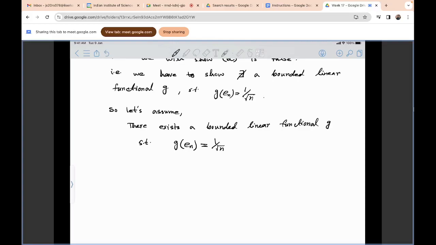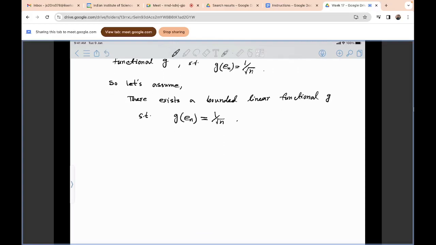So if G is such a bounded linear functional, then by the Riesz representation theorem, G will be given by G of x equals x inner product v for some v.